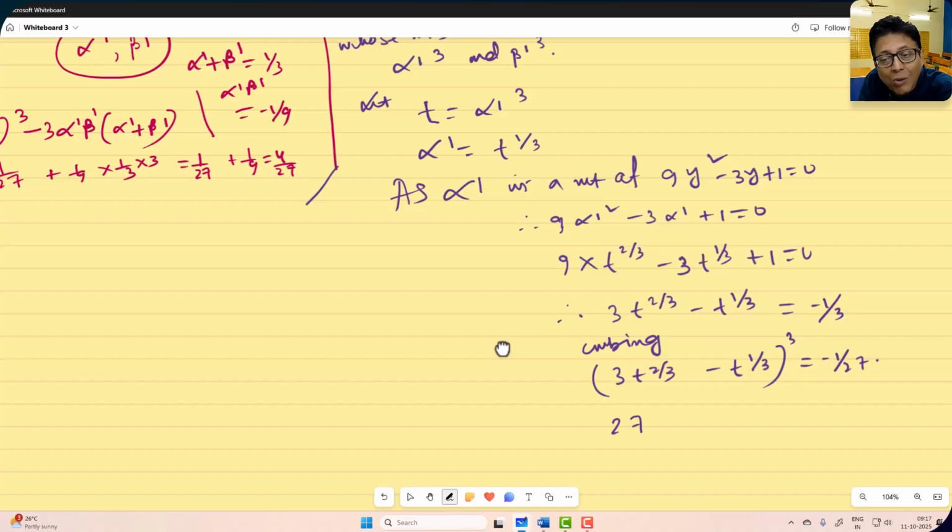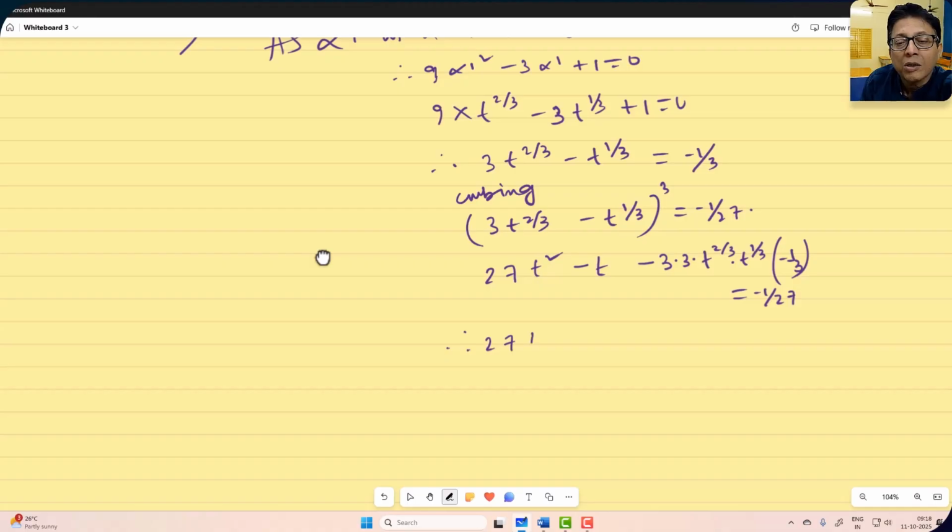So a cube is what? 27 t square, minus b cube, that is t, minus 3ab into (a minus b), that is minus 1/3 only, equals minus 1 by 27.